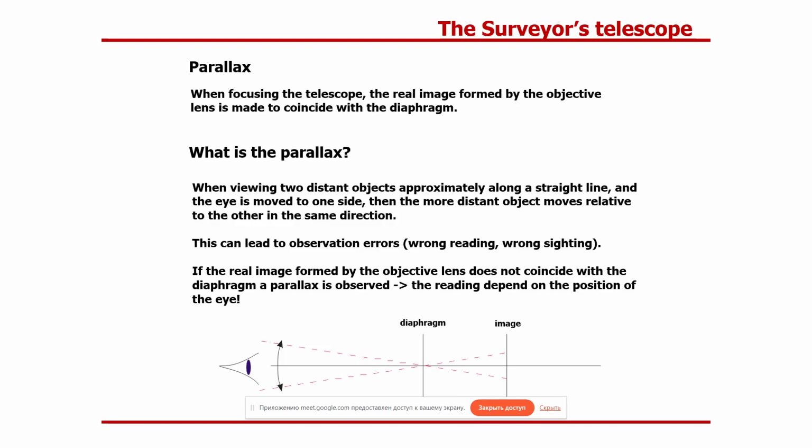This can lead to observation errors, wrong reading, wrong sighting. If the real image formed by the objective lens does not coincide with the diaphragm, a parallax is observed. The reading depends on the position of the eye.